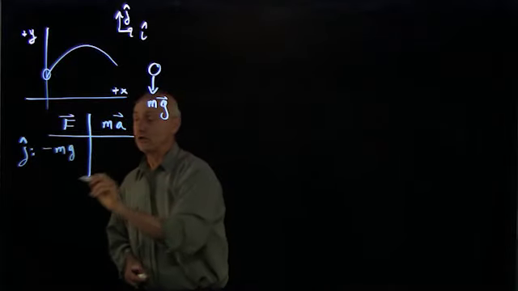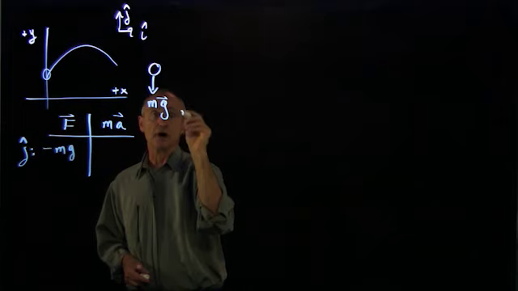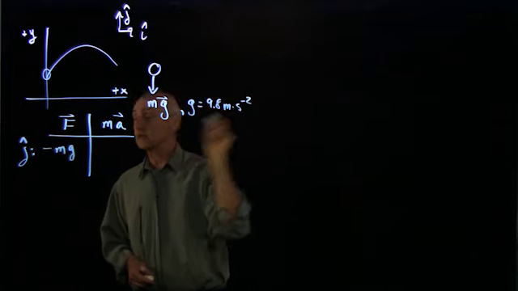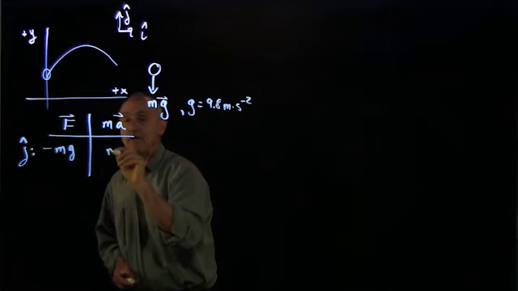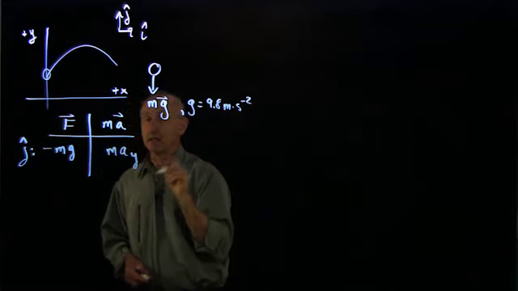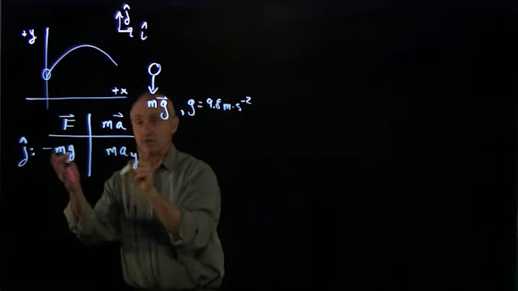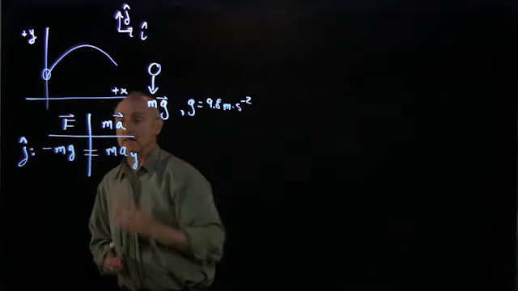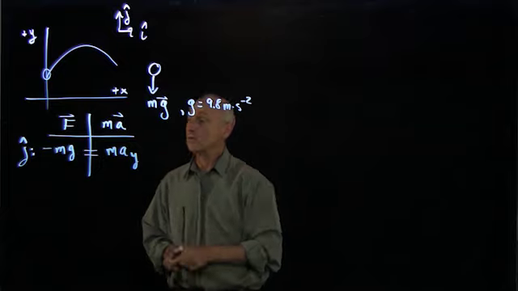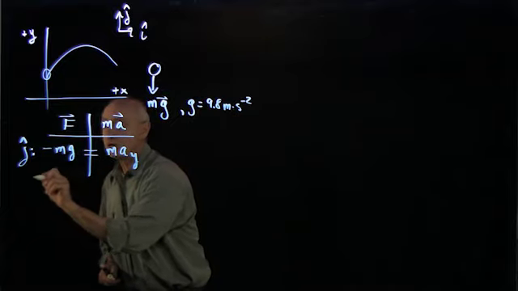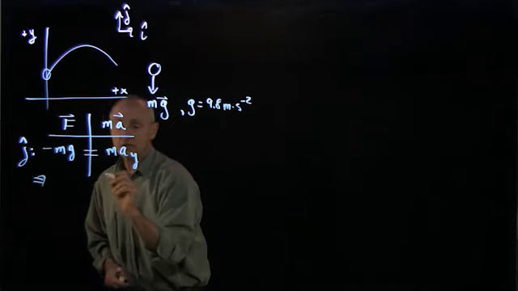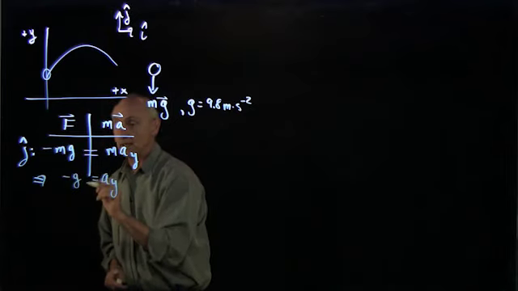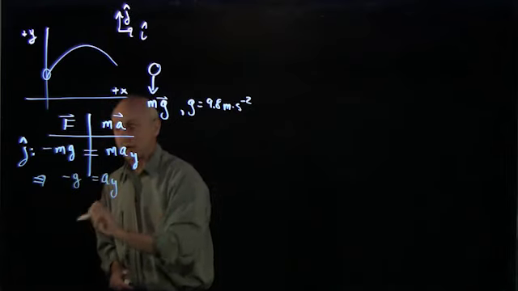And remember here that g is our positive quantity, 9.8 meters per second squared. And we have may. Newton's second law equates these two different things, so those two quantities are equal. And so our conclusion is that the acceleration is equal to minus g in the y direction.